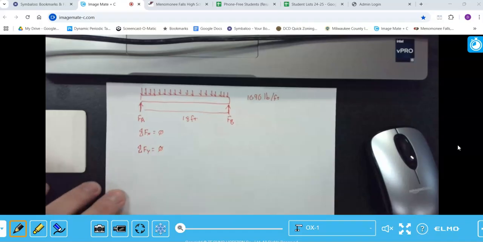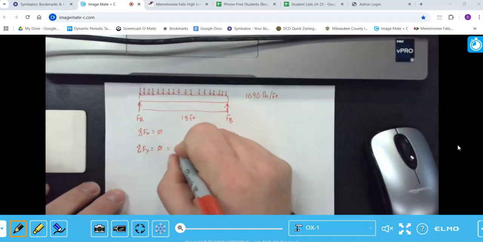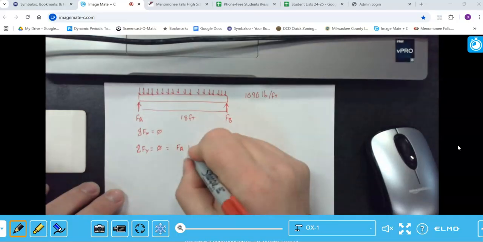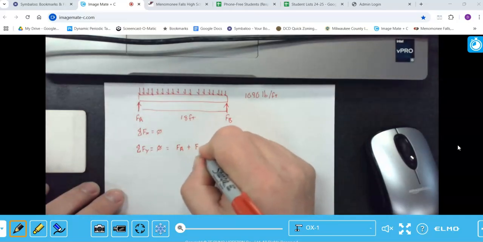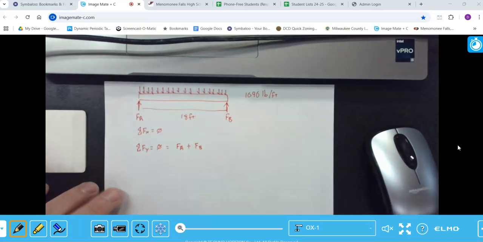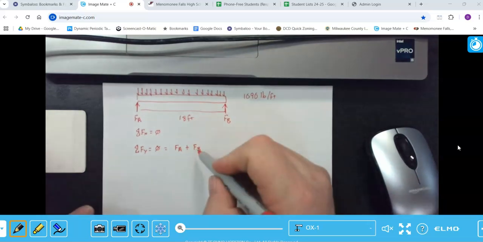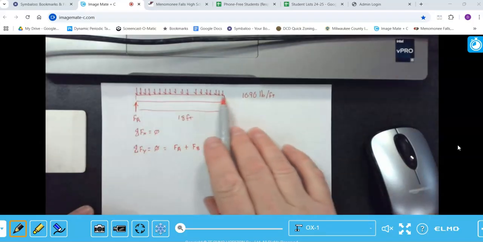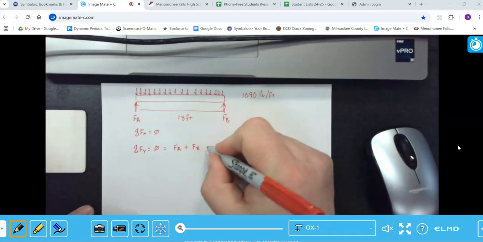As I go to sum those forces, I have force A, which is a positive number because it's acting up, and on a graph going up is positive. I have force B, which is a positive number because it's going up. And I am going to subtract all of those.